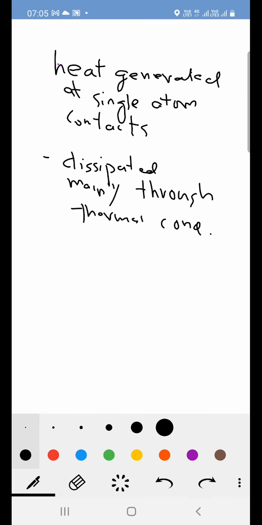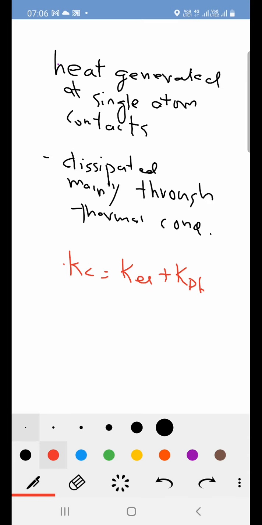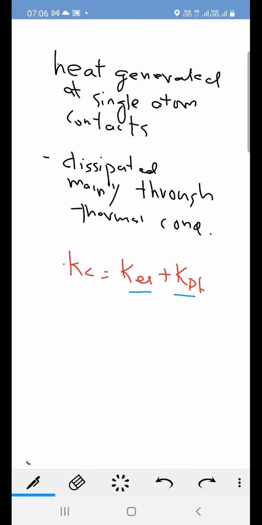The equation is Kc is equal to KEL plus KPH. EL is electronic and PH is phononic. This is electronic conductance, and this is phononic.